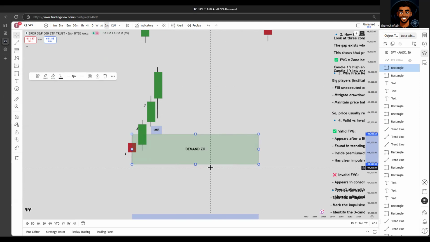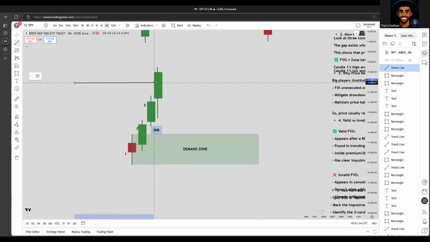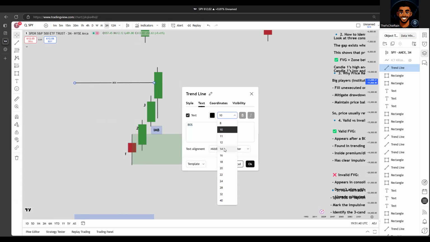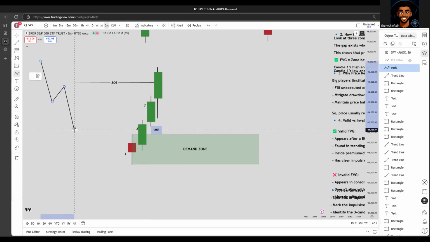Demand zone. So if you're at any point in time, if we assume that the structure has been broken on this level, right? Let's assume a structure has been broken, that we had a market run in this direction, like something like this.